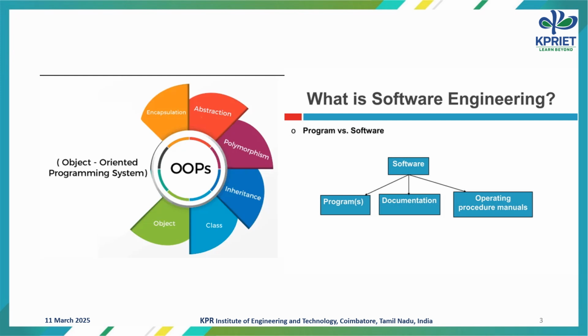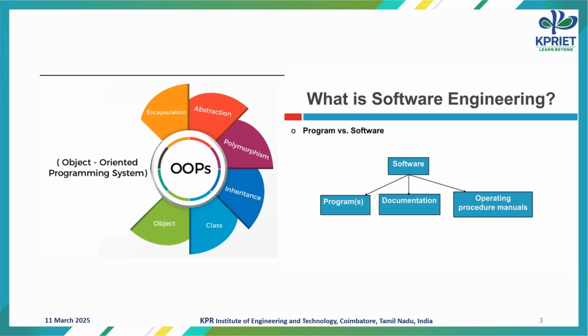Okay, so we all know what software is. If you are developing any project or product, we can convert it into software, right? That software consists of programs, documentation, and operating procedure manuals. So what is a program? If you write any code, that is called a program.